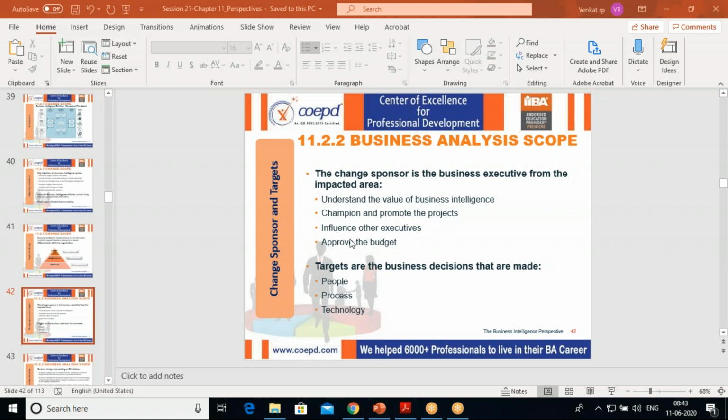He should realize that, influence other executives to adopt it, and approve the budget for this particular initiative. This is the person who would be taking it. And the targets of the business decisions that are made are people, process, and technology. We have to make decisions on the people, process, and technologies which are going to make it up.